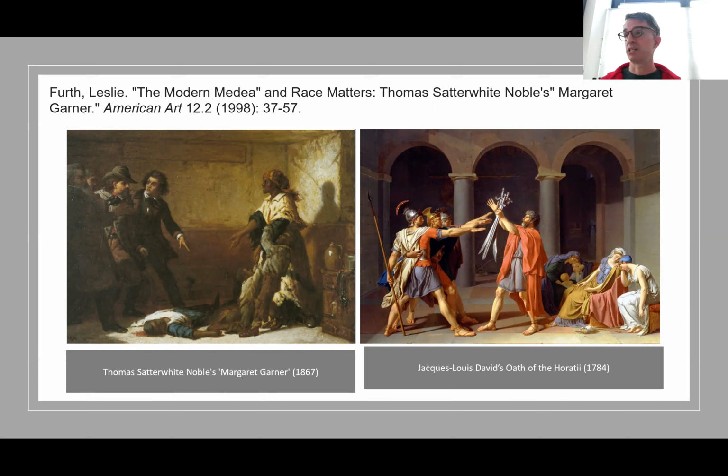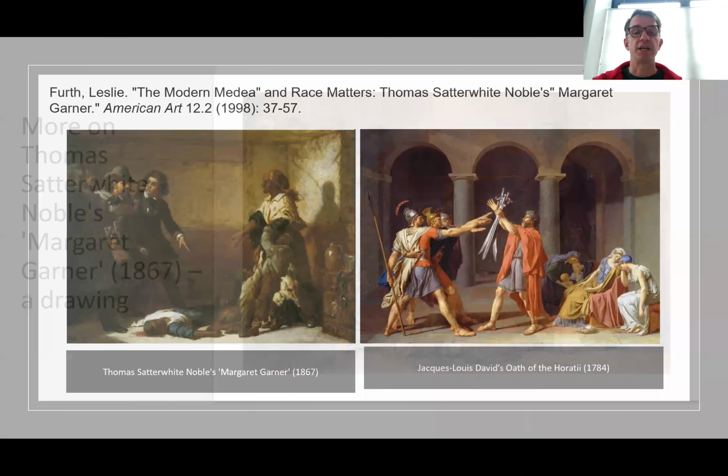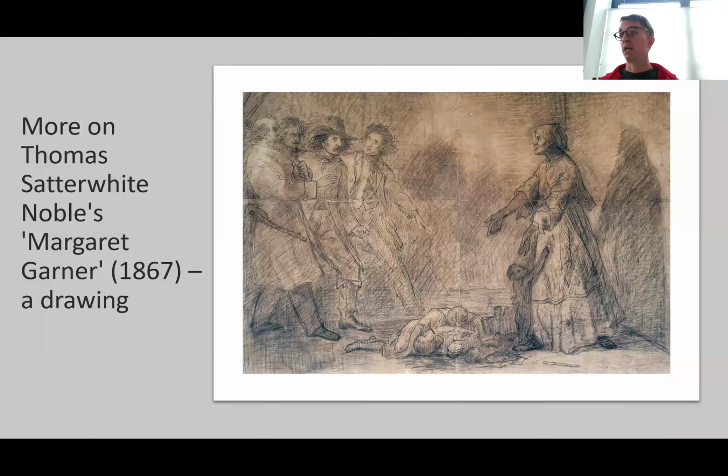And perhaps that story of a dead family and an oath for liberation is the sort of thing that Thomas Satterwhite Noble had in mind when he was doing his painting. So I can tell you a little bit more about him in class on Tuesday and his background. He is a white painter. He is from a family that were slavers.